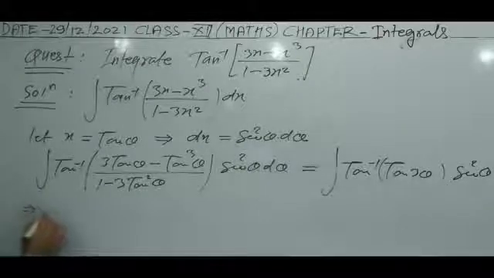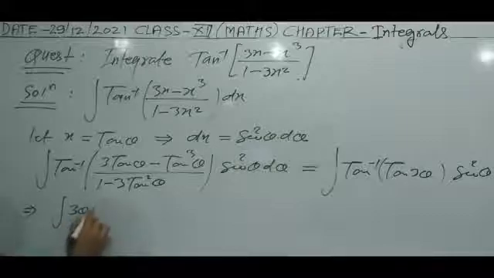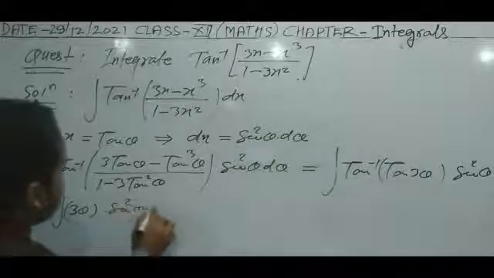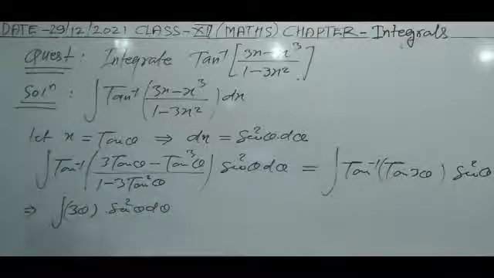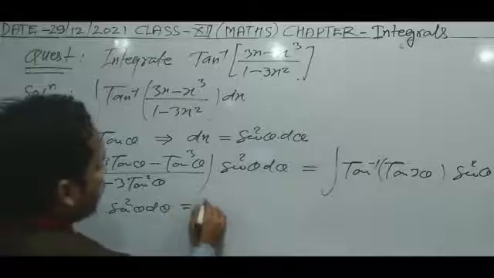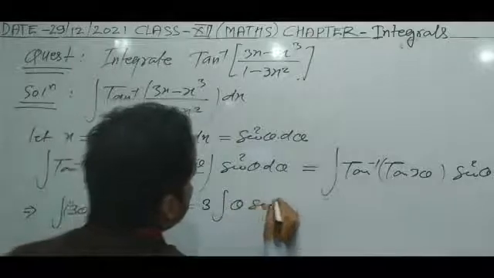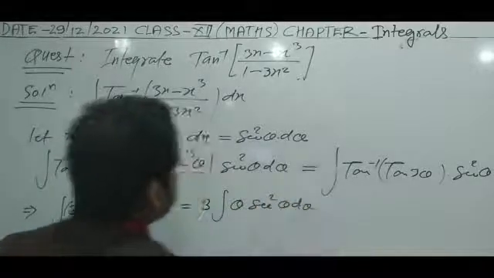Now result we can write 3 theta into sec square theta d theta. So 3 is outside the integral. Integration over theta times sec square theta d theta.